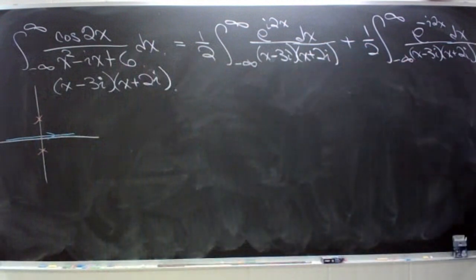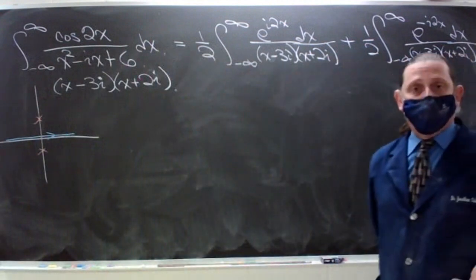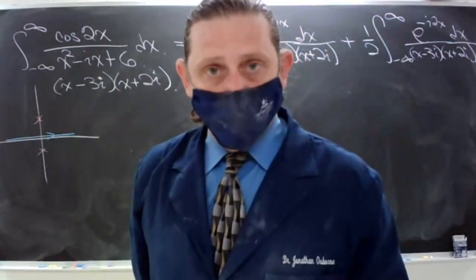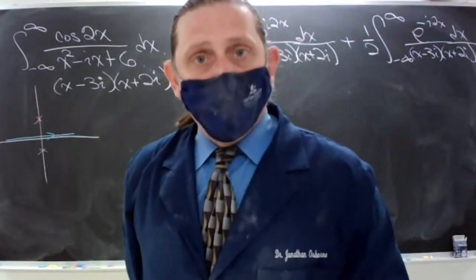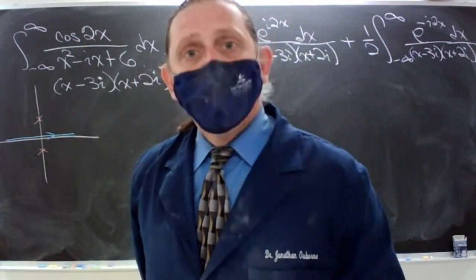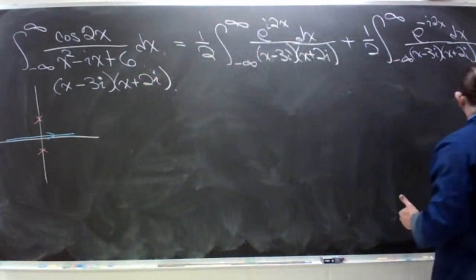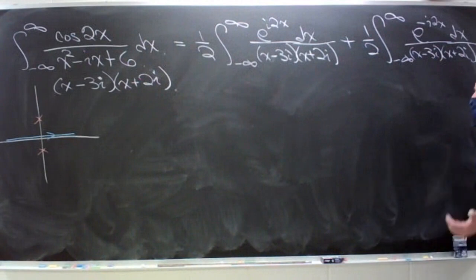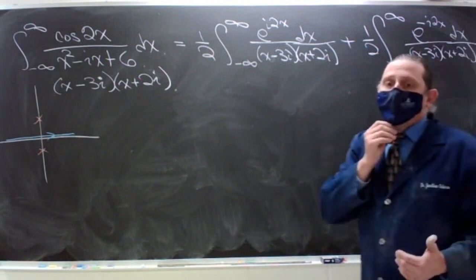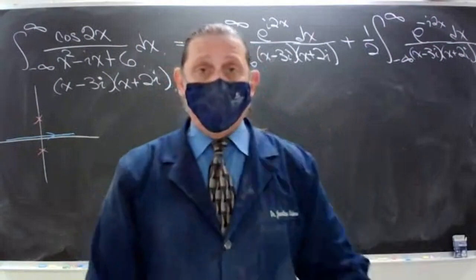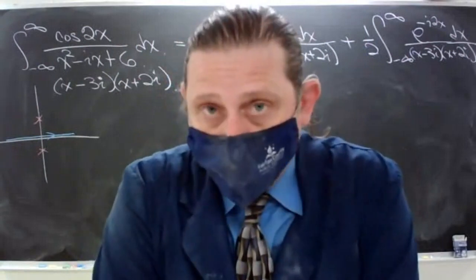For the second integral, I'm able to close in the lower half plane. The integrand will be exponentially suppressed. So the semicircle at infinity in the lower half plane will vanish for this one. Okay? That means that each of these is equal in the limit to the loop integral.